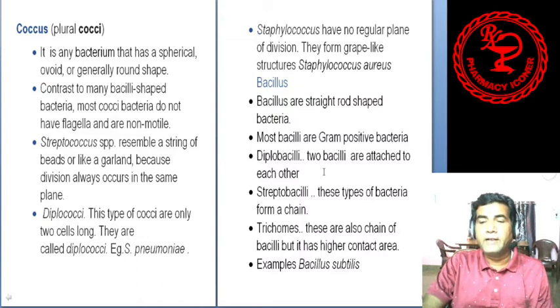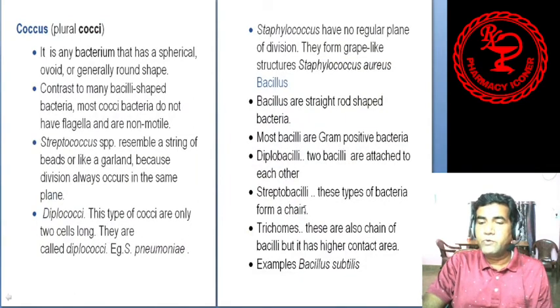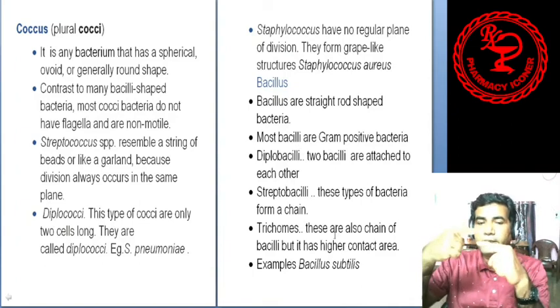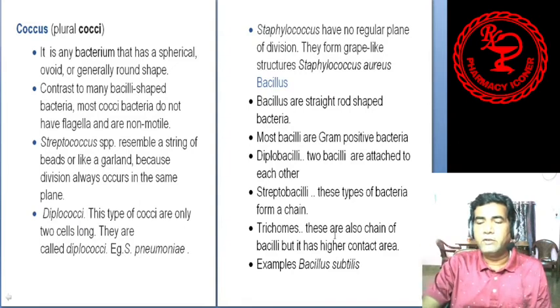Streptobacilli form a chain of bacilli. Trichomes also form a chain of bacilli, but the attachment is more like this, with more area involved. An example is Bacillus subtilis.